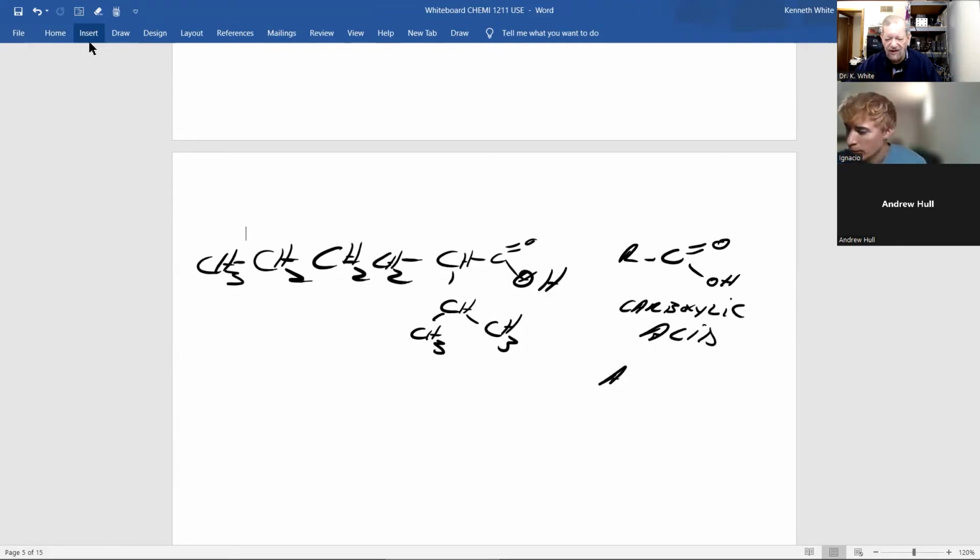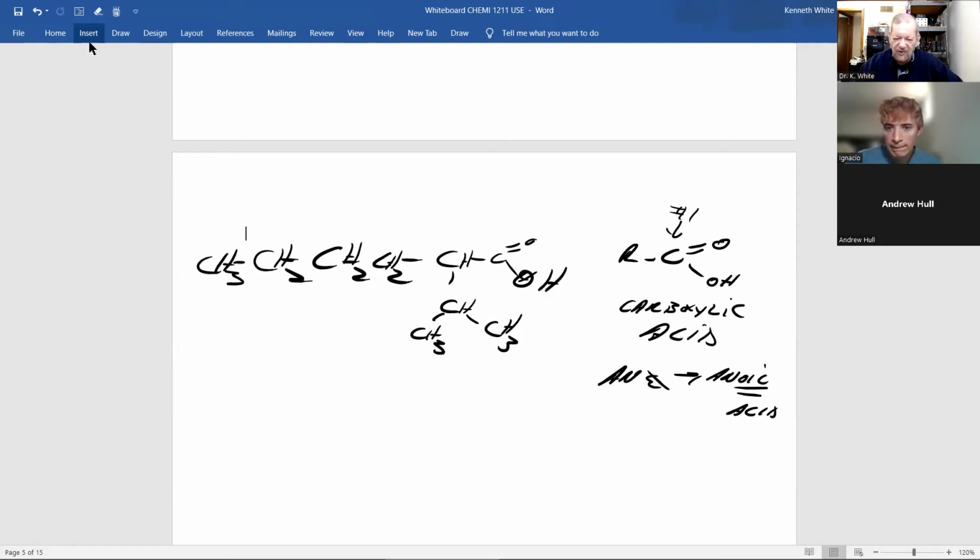Find the longest chain with the carbonyl carbon. Drop the E. Add the letters OIC and the word acid. And the carbonyl carbon is always number 1, but you don't need to put that because everybody knows that.